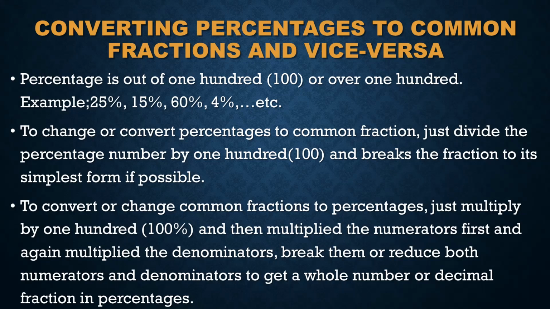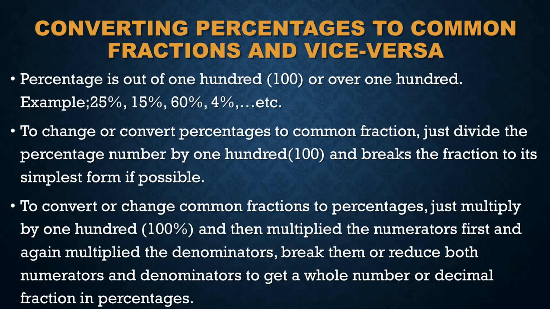If you cannot cancel, then the final resort is to change the final answer to decimal, okay? And then you attach the percentage to that. Always reduce it to get a common or a whole number. After that, if you think you cannot cancel anymore, use long division to get a simple answer in percentage.